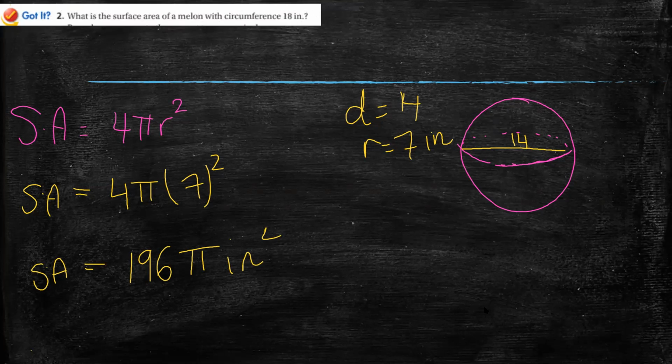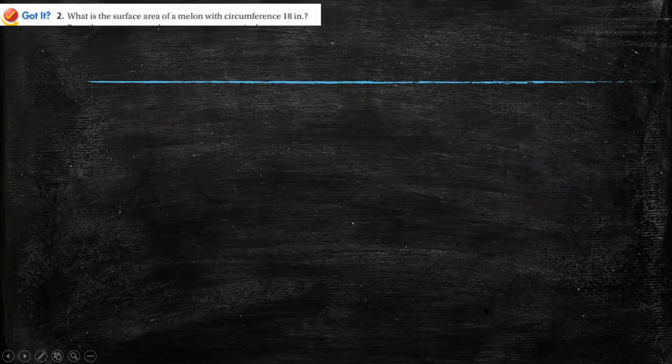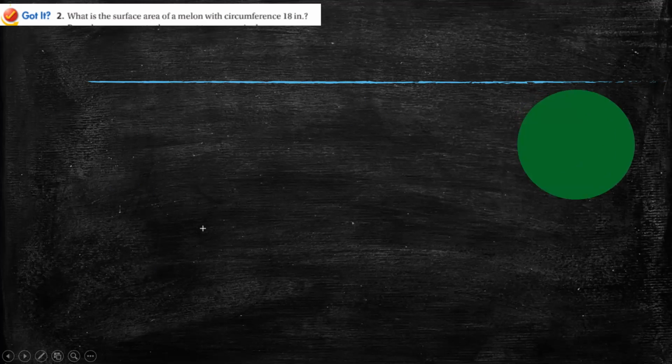Now, what is the surface area of a melon with a circumference of 18 inches? Here we have a melon. The circumference of this melon is 18 inches.